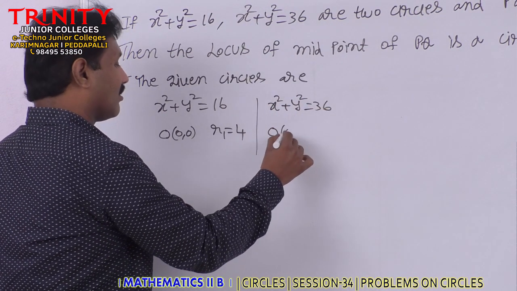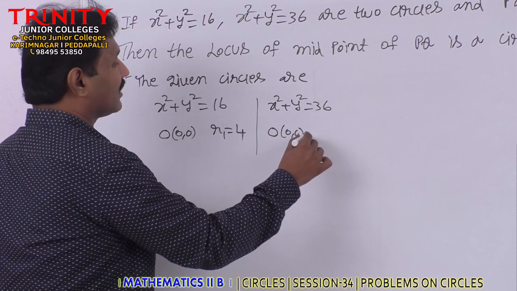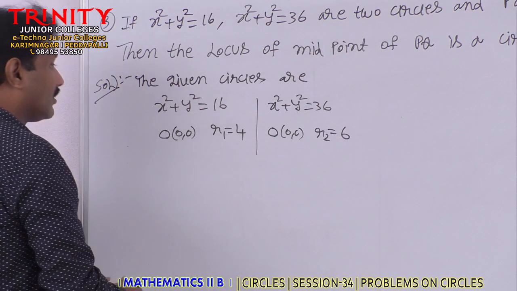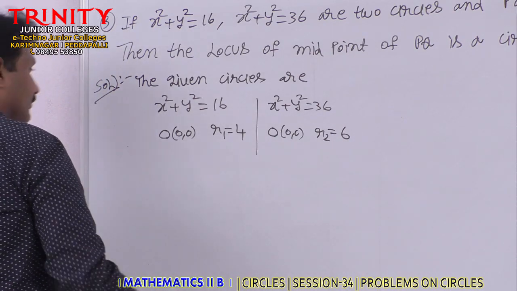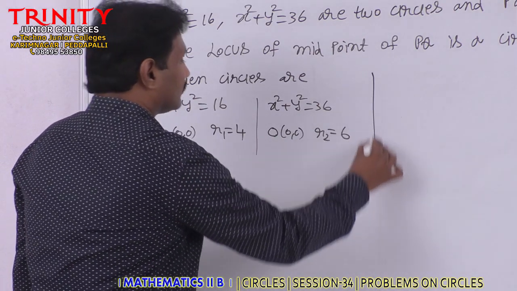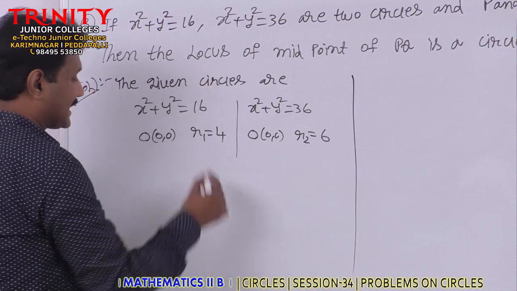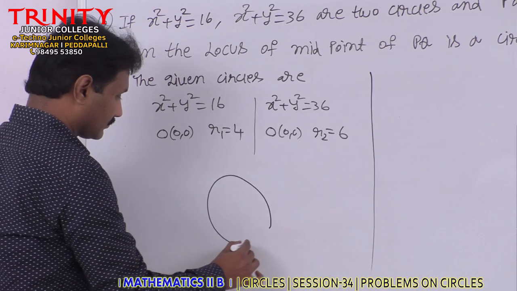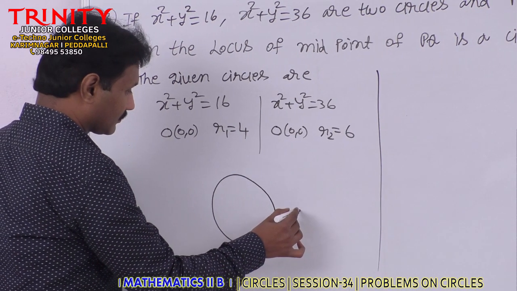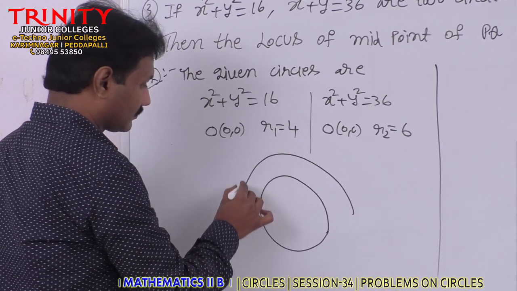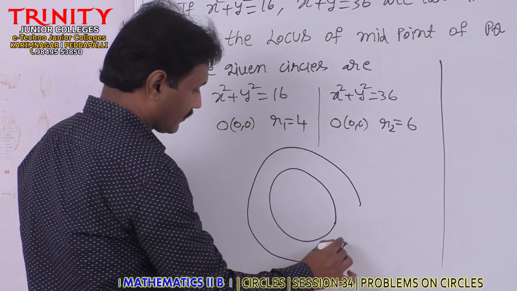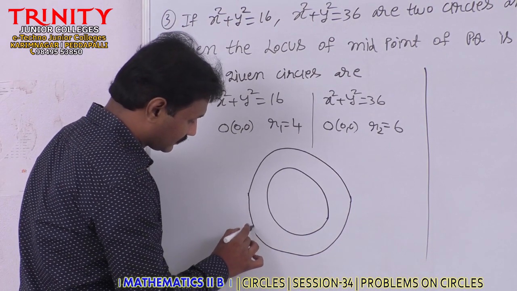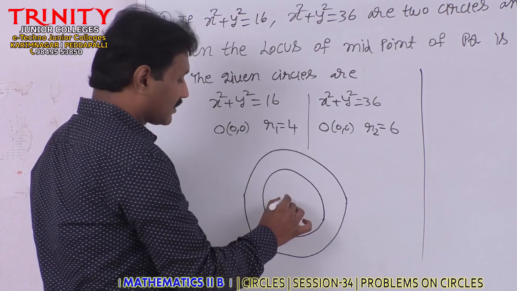The center is here also the origin, and R2 = 6. Both are concentric circles.